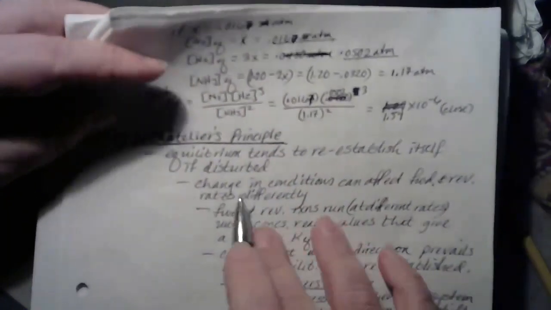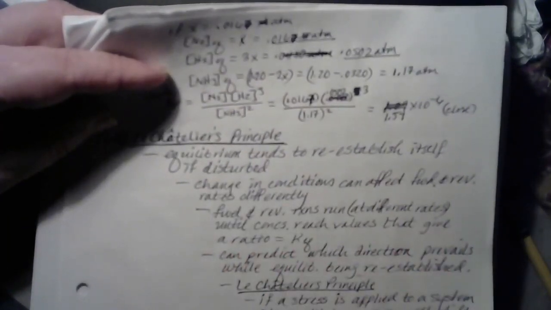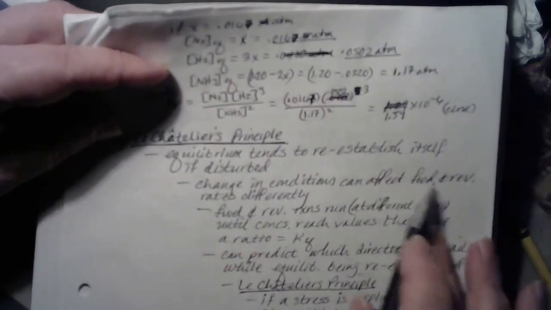The guy named Le Chatelier was the first one to describe that scientifically. This happens when a change in conditions that can affect the forward and reverse reaction occurs. For a while, once the changes in conditions occur, the forward and reverse reactions will run at different rates.